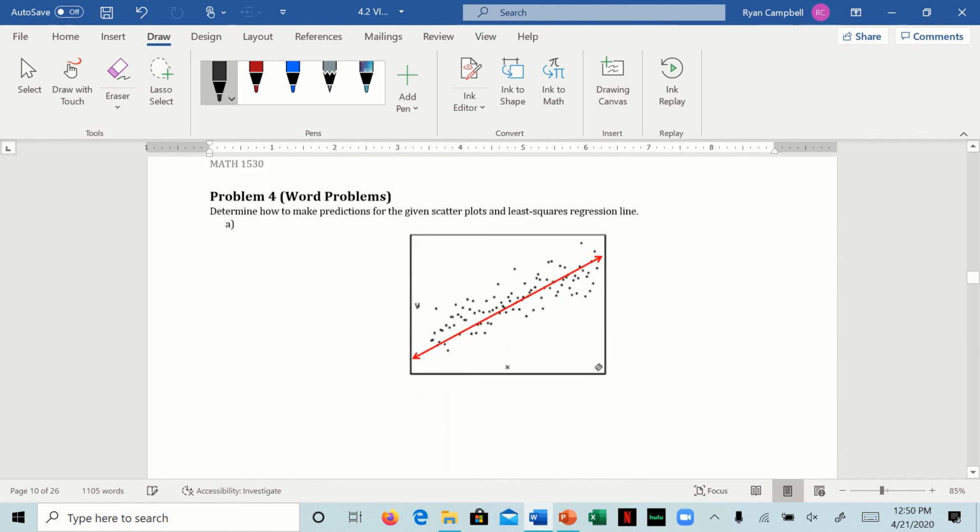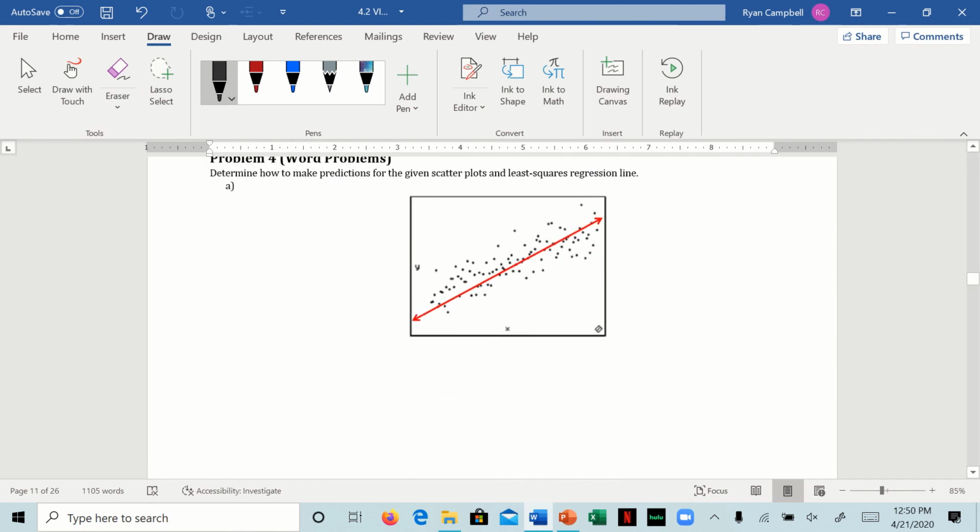All right, so let's look at problem number 4. Which way are we going to use when we're trying to make predictions? We can see this goes up and this regression line looks pretty good, so we are probably using the least squares regression line.